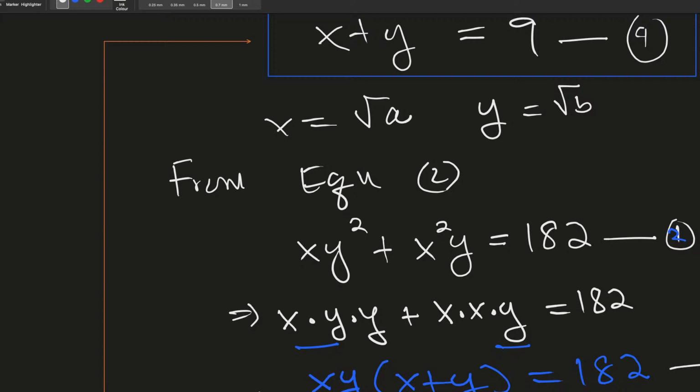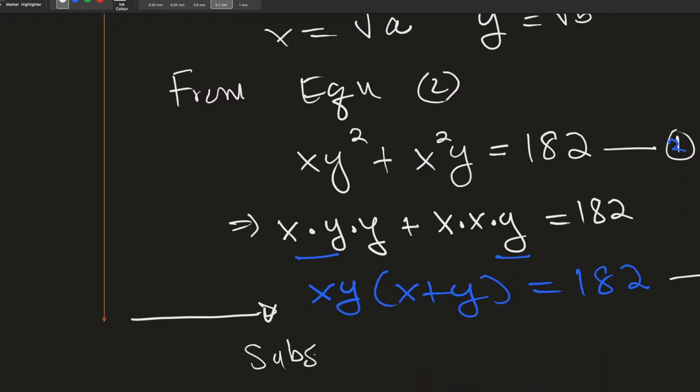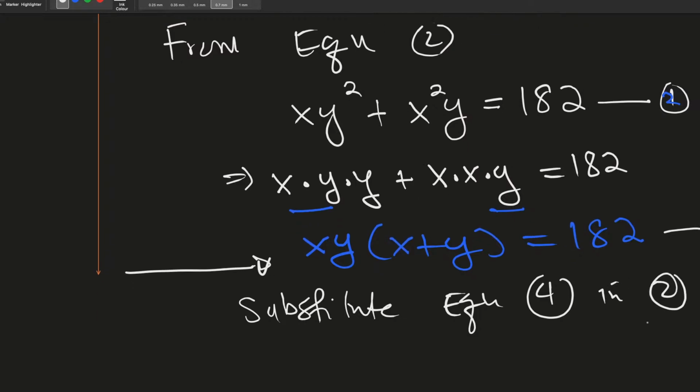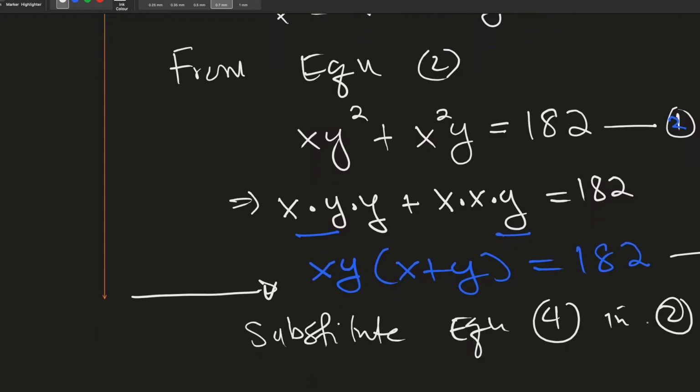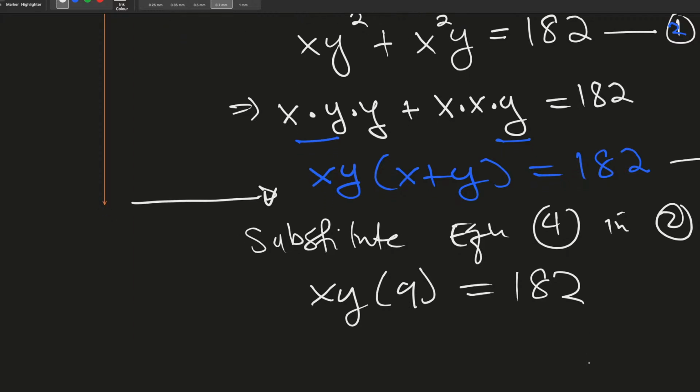So this is still equation 2. So we say substitute equation 4 in 2. So what do we get? Since we know x plus y is equal to 9, this is going to be xy multiplying by 9 is equal to 182. Therefore, we can confidently say that xy is equal to 182 divided by 9.